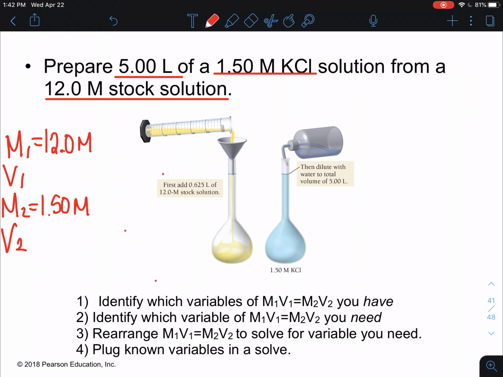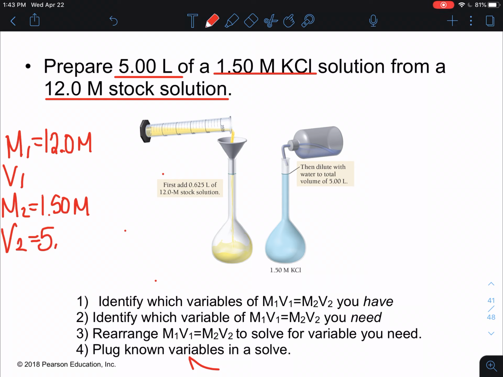That's our target concentration. And V2 is going to be this right here because that's our end amount, right? That's how much we want, essentially 5 liters of a solution that is 1.50 molar concentration.